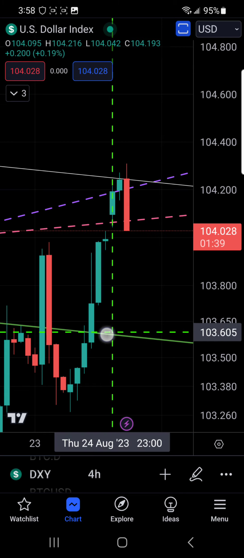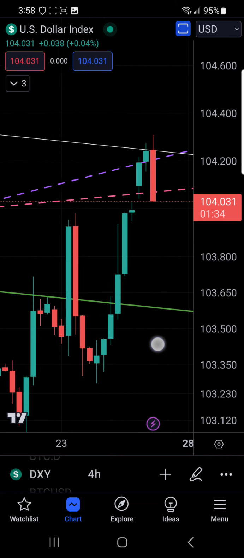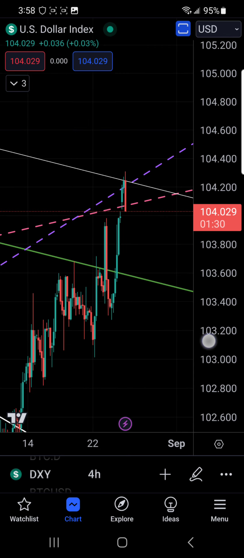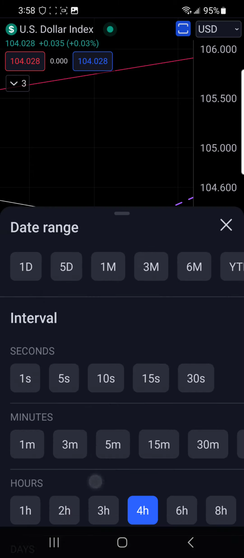There's a green line down here just so you can see the price action of everything before I zoom out and show you what those lines are.